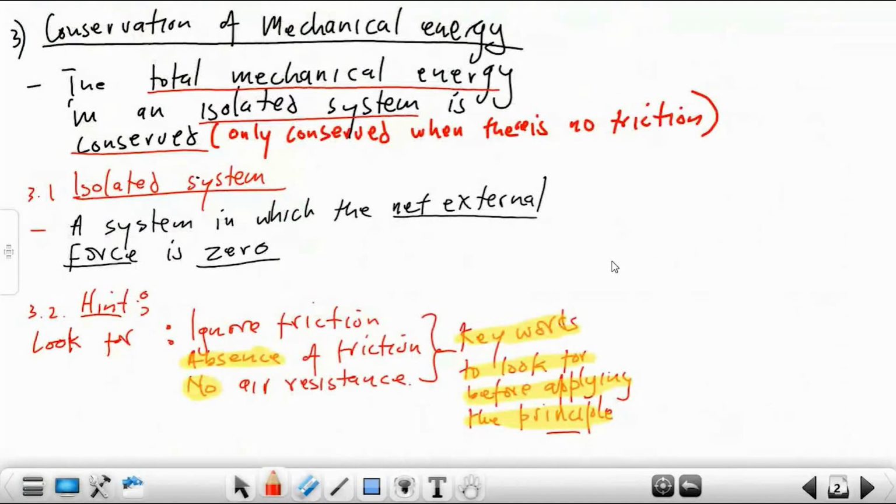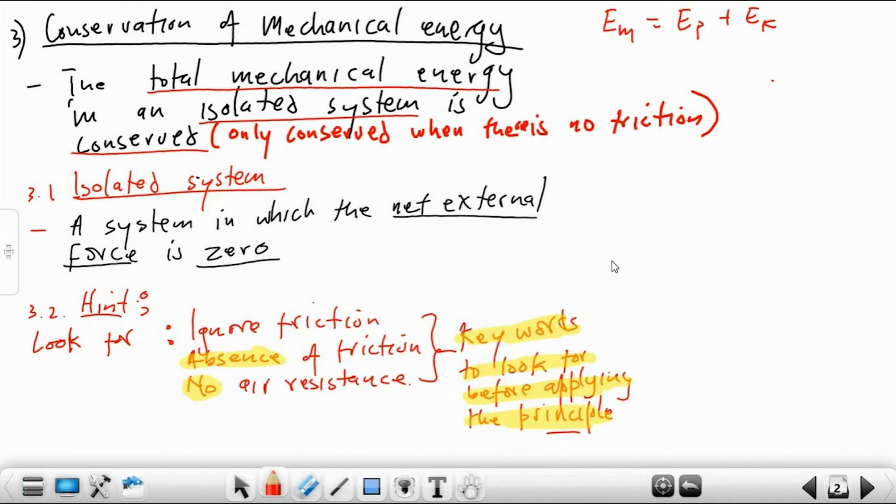Let's look into it. We said mechanical energy is just EP plus EK. So what does conservation mean? Conservation means before should be equal to after.